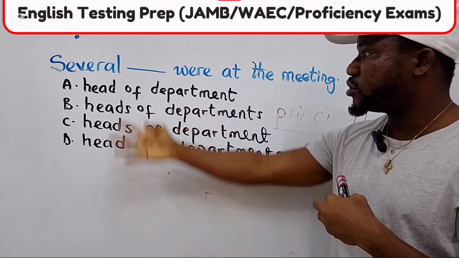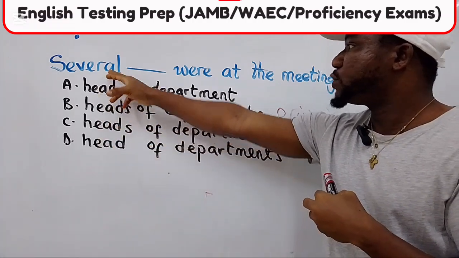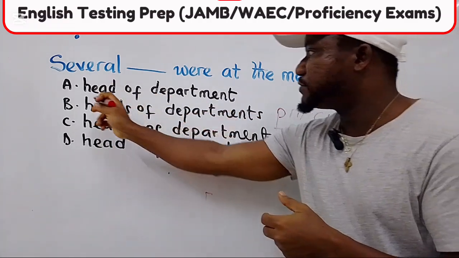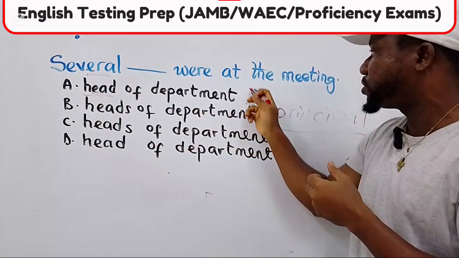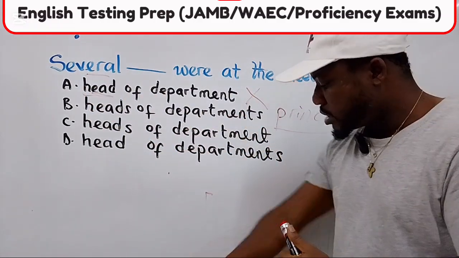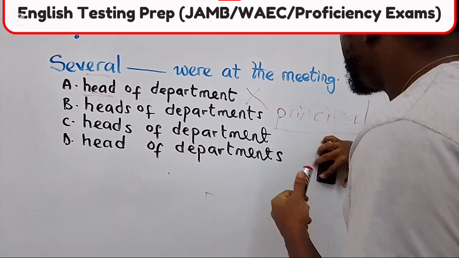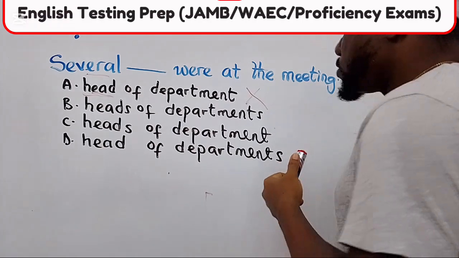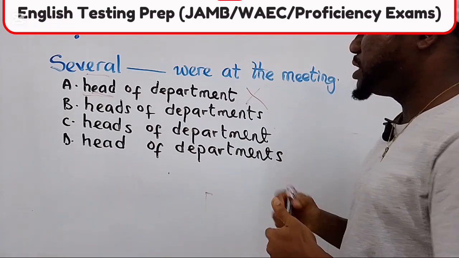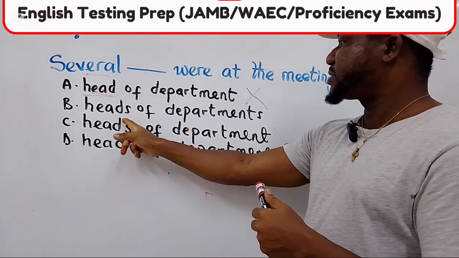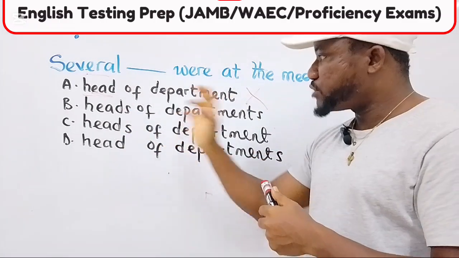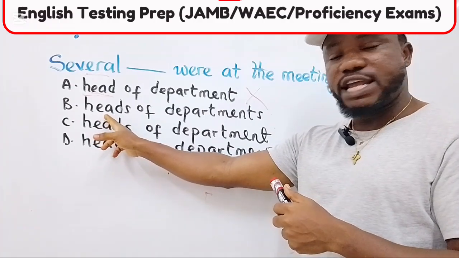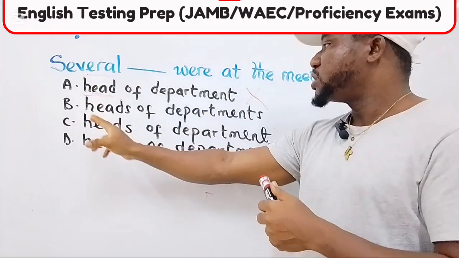So let's start with option A. Several head of department. You notice that this does not have an S, and we're looking for something plural here. It means that this option is wrong. Now let's come to option B, several heads of departments. Heads is right, because I told you the principal noun should have an S since we're talking about several heads.